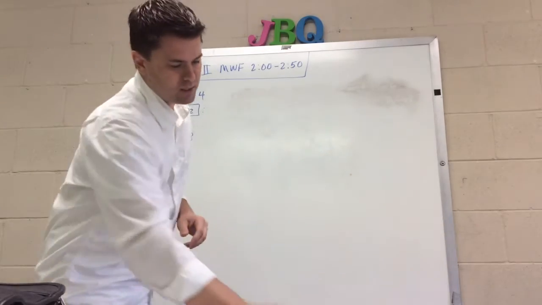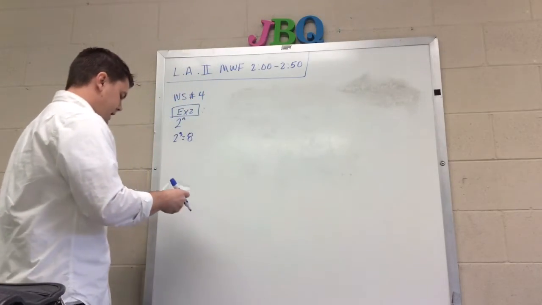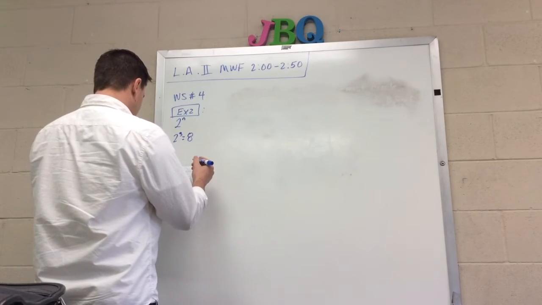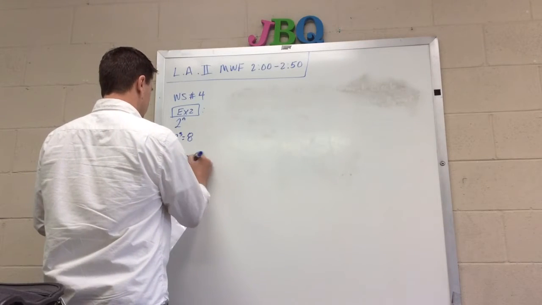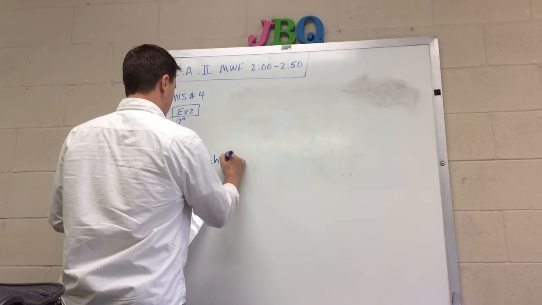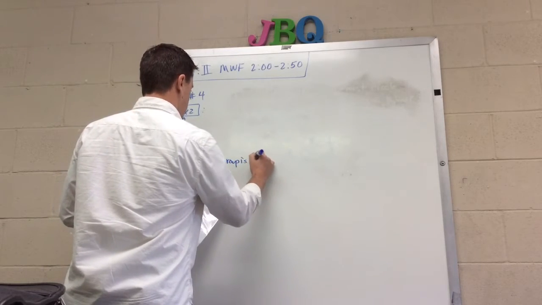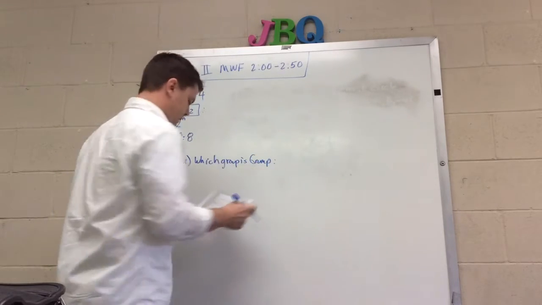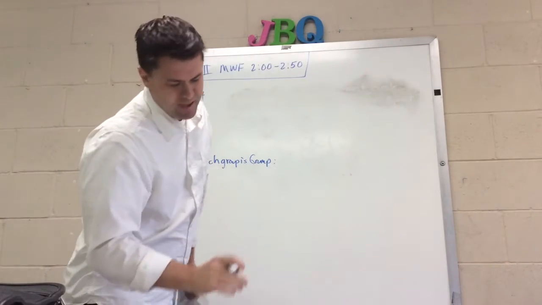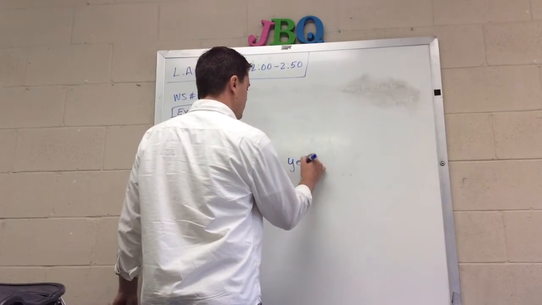Okay, so let's take a look at this example. Now, question number A says, which group is grump? Now, grump is a yes vote on bill 1.